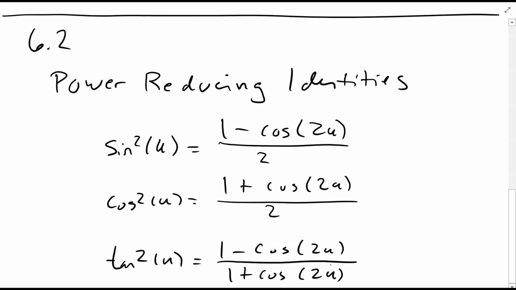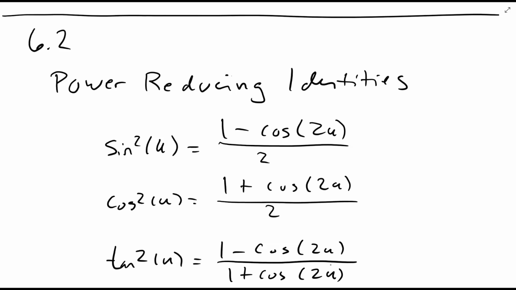So these are the three power reducing identities, and what they allow me to do is rewrite a power of a trig function without the exponent. But in doing so, I create a double angle.